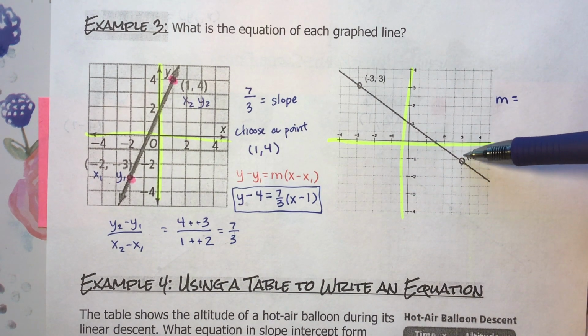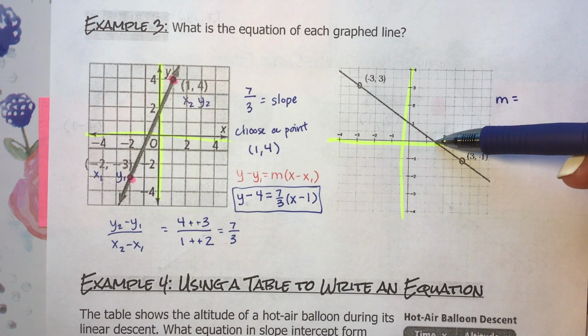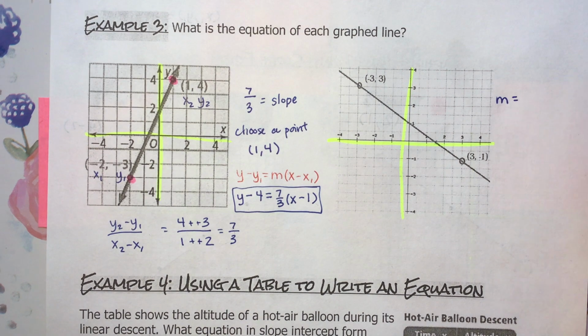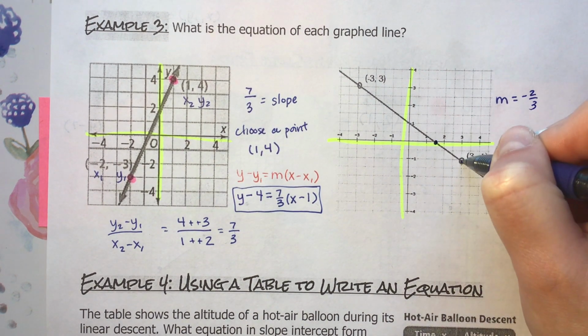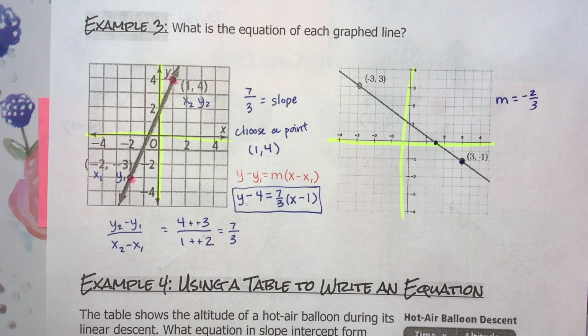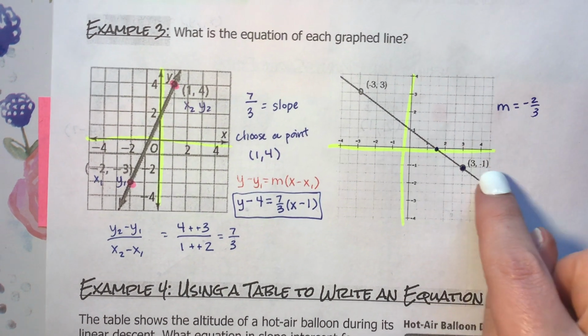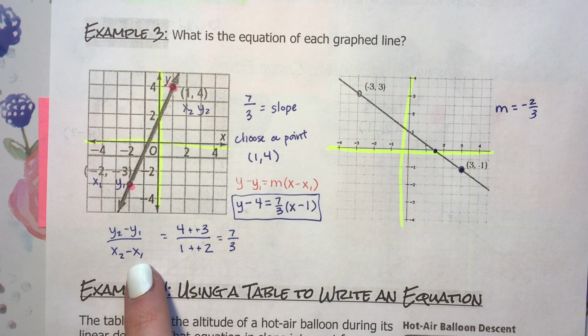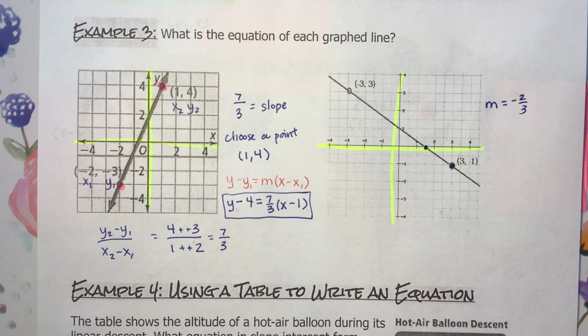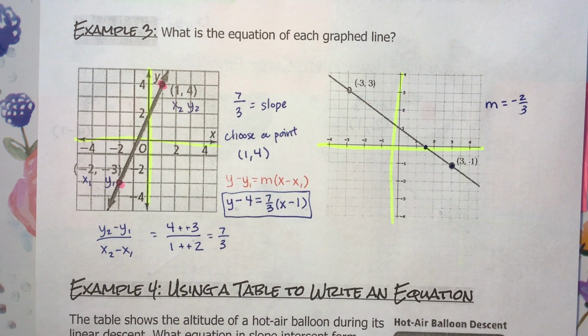So I might say you go up 2 and backwards 3. You can automatically say slope is equal to -2/3 just by saying, well, there's an intersection and there's a point as well. If you needed to, you could use both of these coordinates, plug them into your slope formula, and go from there. But we can read it from the graph, so I'm just going to leave it like that for now.